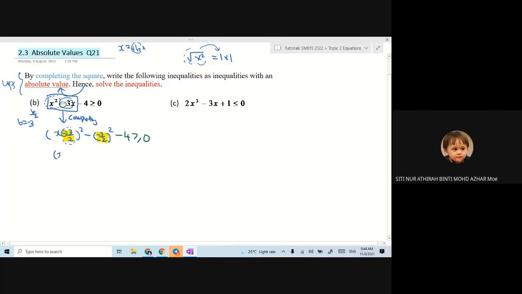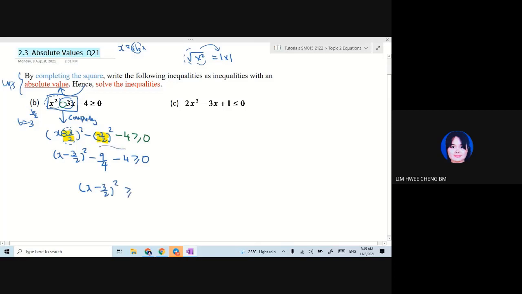So you proceed x minus 3 over 2 square minus negative 3 over 2 square, you get the 9 over 4, betul? So minus 4 greater or equal than 0. So you have the x minus 3 over 2 square greater or equal.